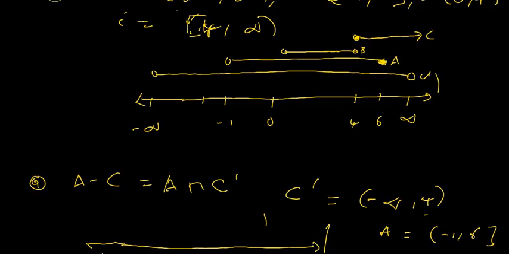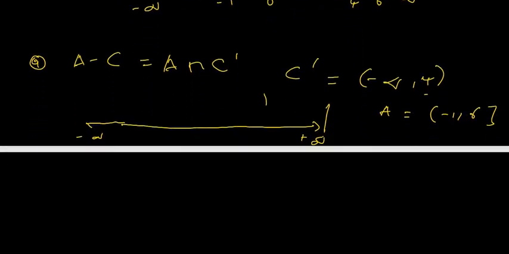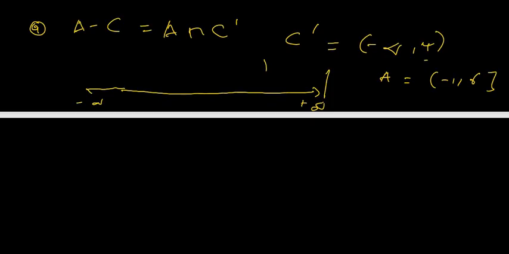But before we go to C complement, let's write them on this diagram. C is from 4, which is included, then infinity there. Remember this one is a square bracket. So we have infinity there, and negative infinity to infinity.